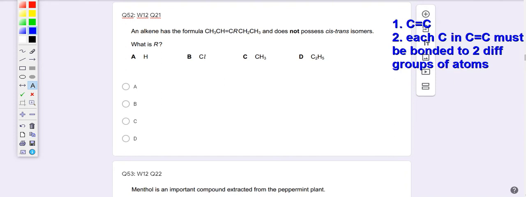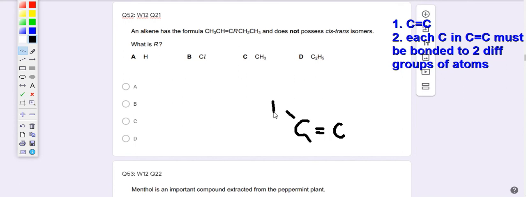Now let me give a very simple example of what it means that each carbon in the carbon-carbon double bond must be bonded to two different groups of atoms. Let's say I have an alkene, two carbons sharing the double bond.